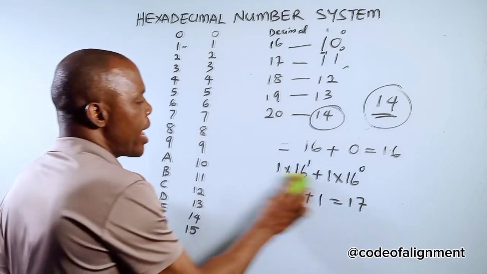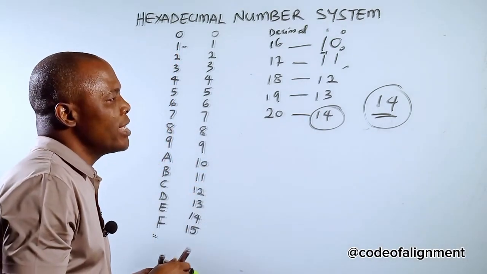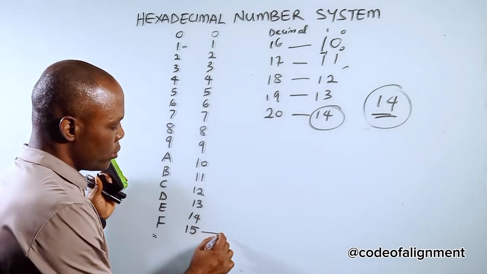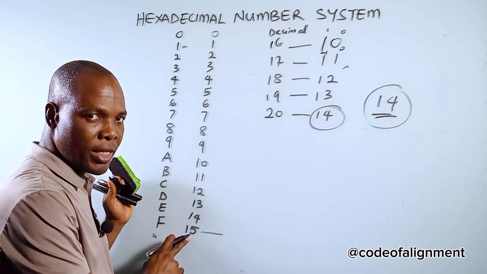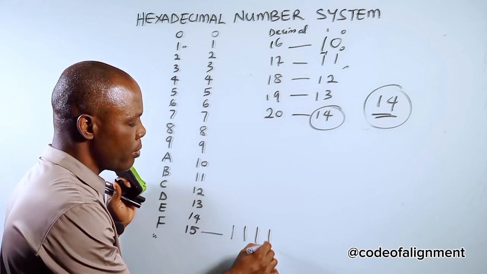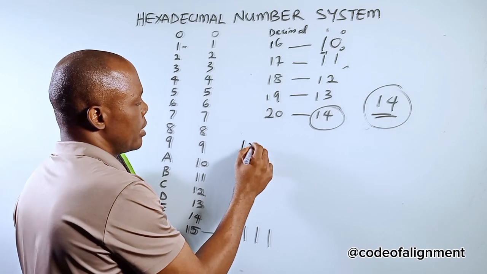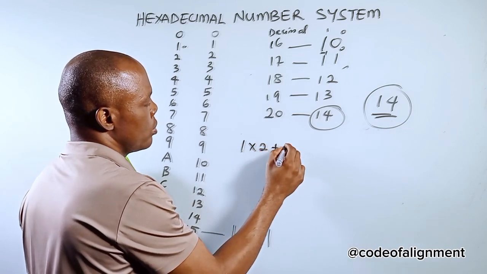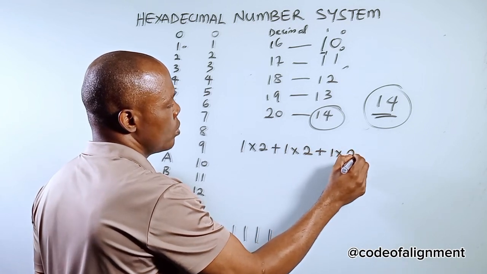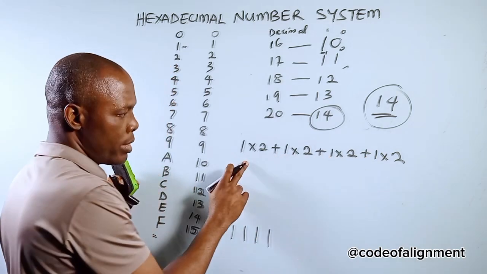Now, why are we using hexadecimal? Hexadecimal is a shorthand for engineers, because if you have to represent 15 in binary, it is 1, 1, 1, 1. If you convert it, that is 1 times 2 to the power 3, plus 1 times 2 squared, plus 1 times 2 to the power 1, plus 1 times 2 to the power 0.